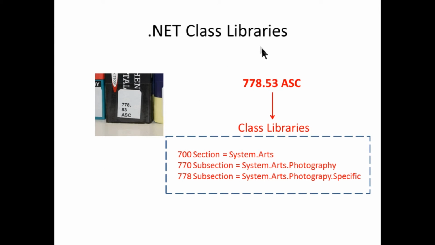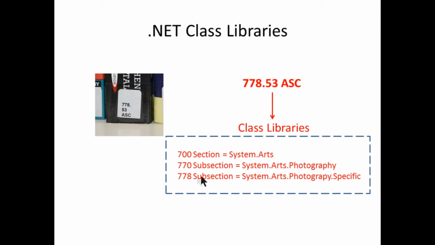And again, in the .NET class libraries, we can make the analogy to the library address that we use to get to our book. We use 778.53 ASC. And if you make the analogy to the class libraries, we're going to the 700 section, which is as if you had a System.Arts class library. And the 770 subsection is like the System.Arts.Photography section of the class library.